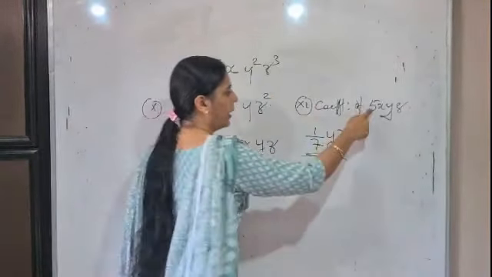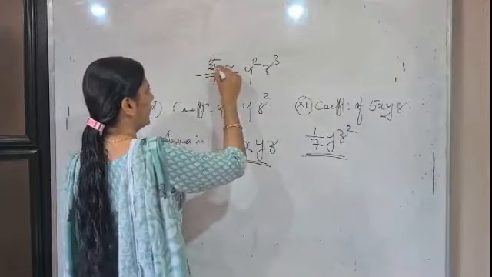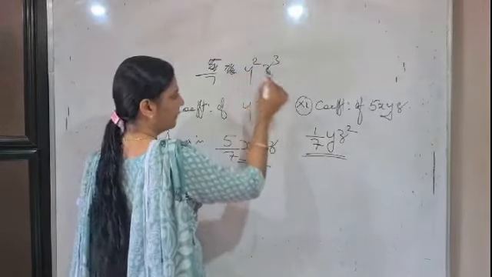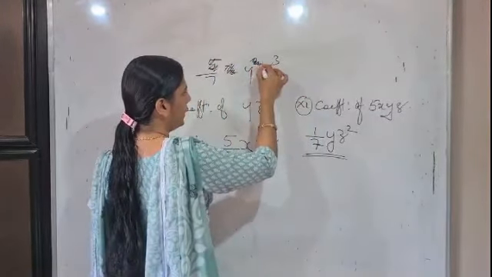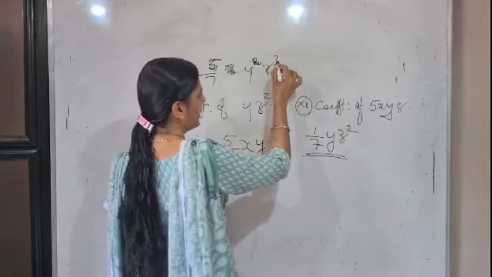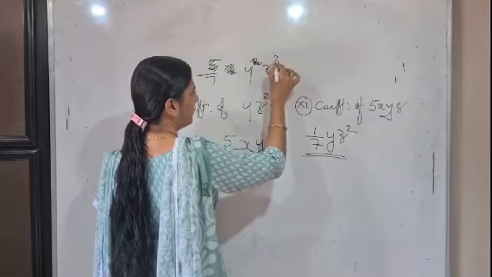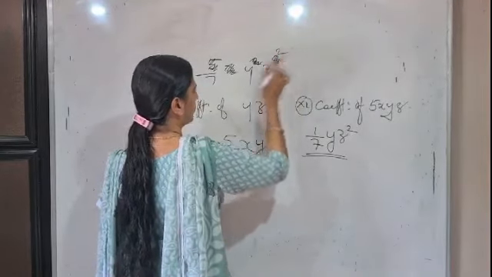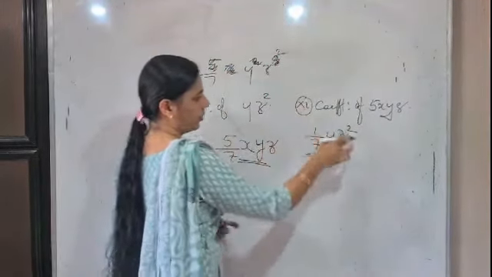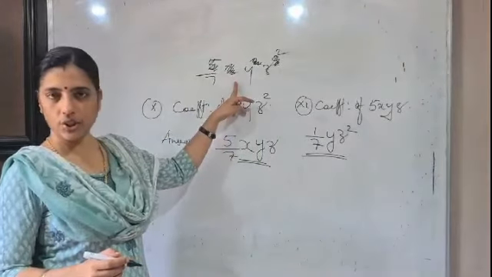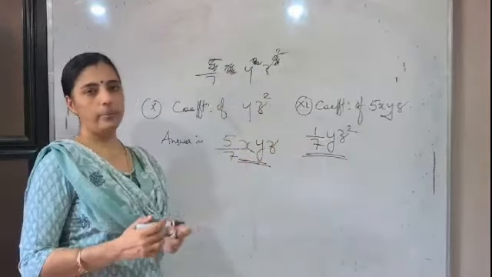You remove x, from y square you remove y so one y remains, from z cubed you remove z, so z square remains. So this will become 1 by 7 yz square. Hope that it is clear. You don't need to do the change here, this is for your information.